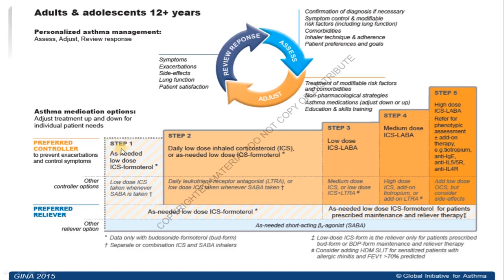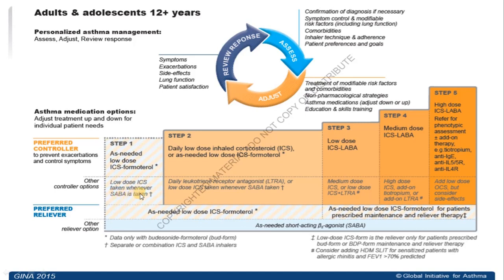So step 1 is as needed low dose ICS-formoterol, meaning as needed low dose inhaled corticosteroid with formoterol. Formoterol is a LABA, long acting beta agonist. Or another controller, low dose ICS taken whenever SABA is taken, meaning we can also take low dose ICS and short acting beta agonist.